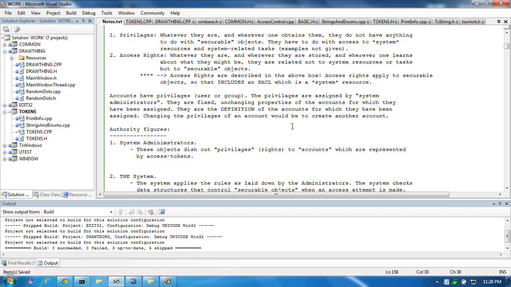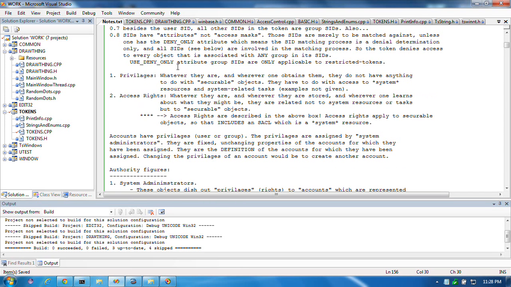Okay. There are privileges and there are access rights. Now these are two separate categories. Privileges are things to do with system resources or system related tasks.